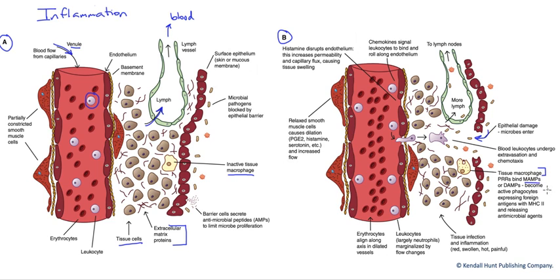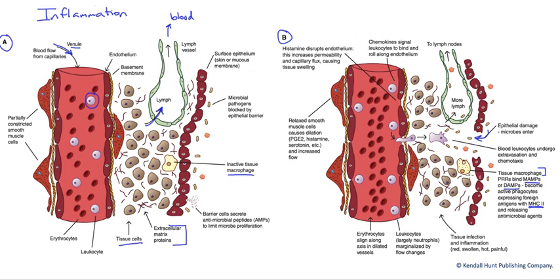The microbes have membrane components that are recognized by the tissue macrophage. That'll initiate phagocytosis. Also, damaged cells express particular molecular patterns that label them for phagocytosis and destruction. They will digest those pathogens and express them on the surface using MHC2 proteins, and that will enhance the activation of acquired immune system components, the T cells.